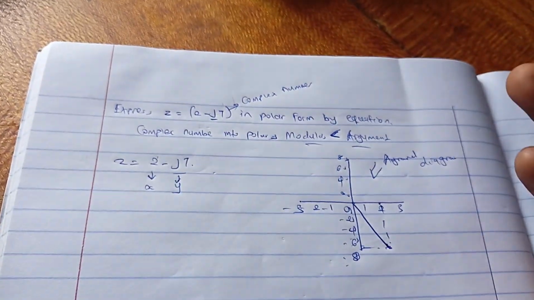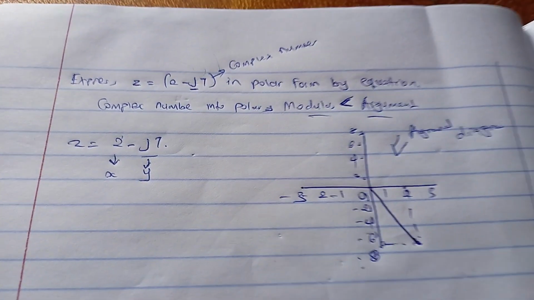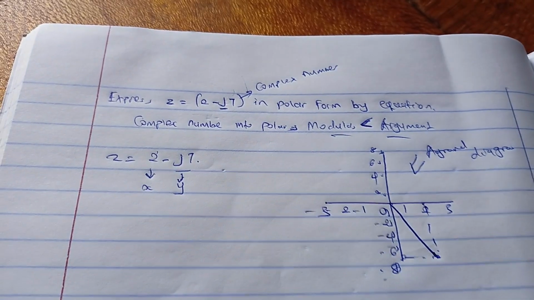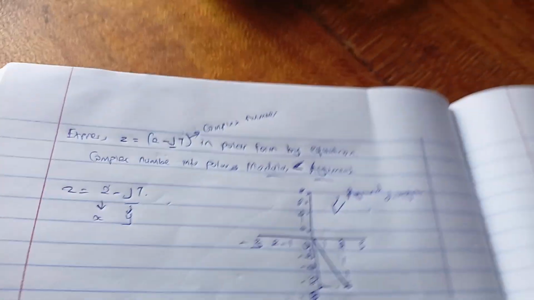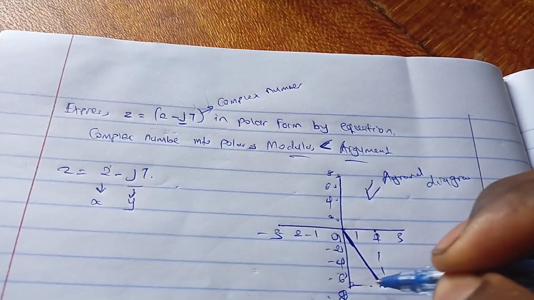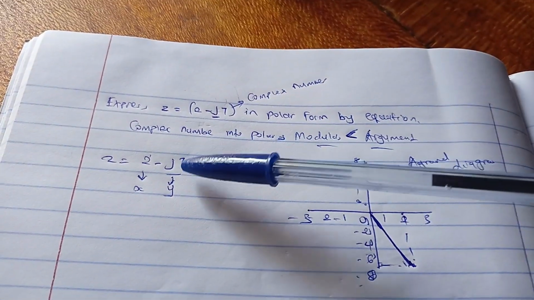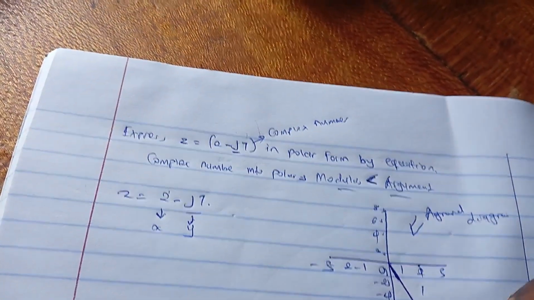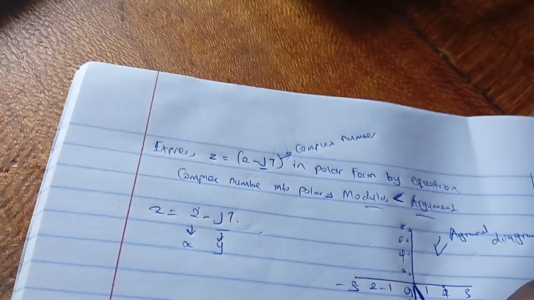Some questions may tell you to express the complex number in an Argand diagram, but for your understanding, let me break it down. This is 2 minus j7, where this is the value of x and this is the value of y.